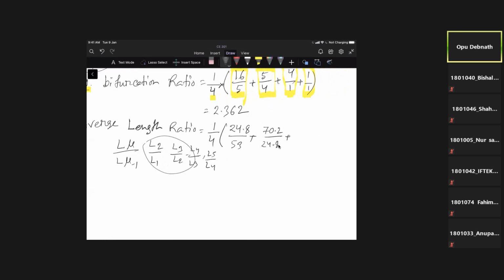So if we add all these terms, 200.5 divided by 70.2 plus 525.4 divided by 200.5.